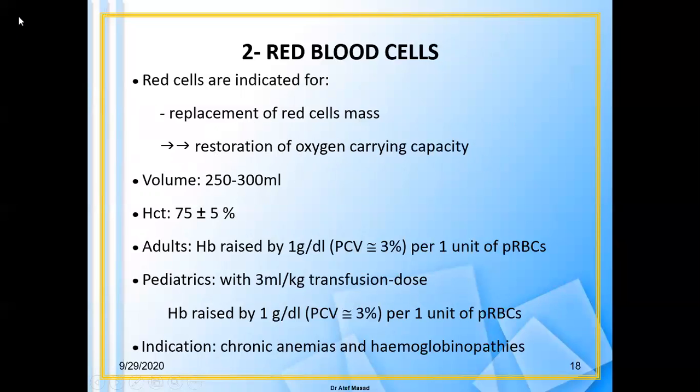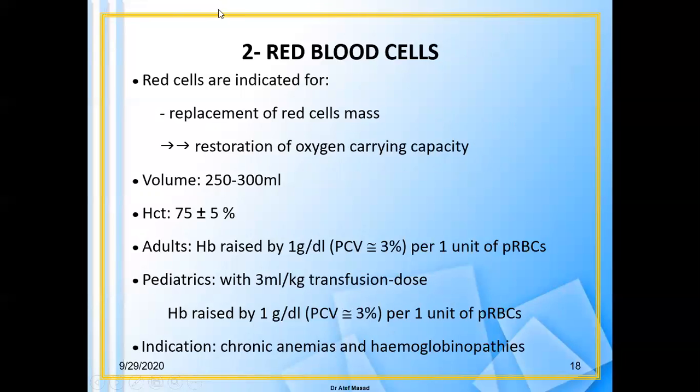The hematocrit at this time, when we concentrate the RBCs, should be around 75 plus or minus 5% RBCs in this unit. In adults, hemoglobin is raised by 1 gram per deciliter per 1 unit of packed RBCs.